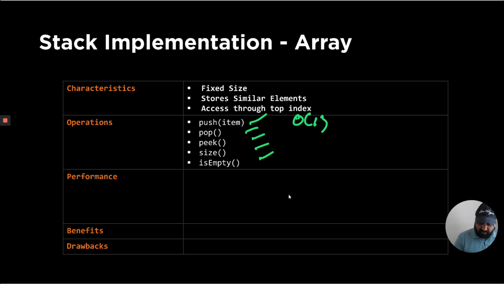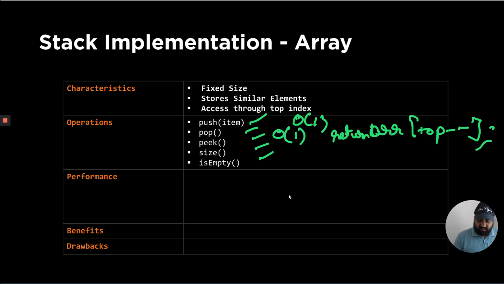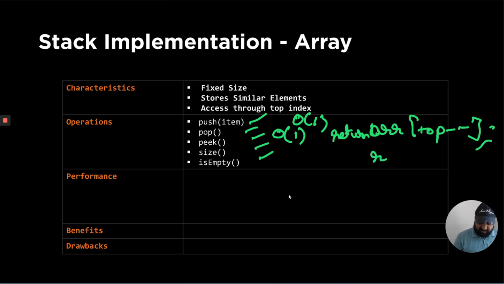Similarly, for pop, we would just do arr[top--], and return this value. So there's going to be just one statement. Again, it will be O(1). For peek, it would be just return arr[top], so it will again be O(1).